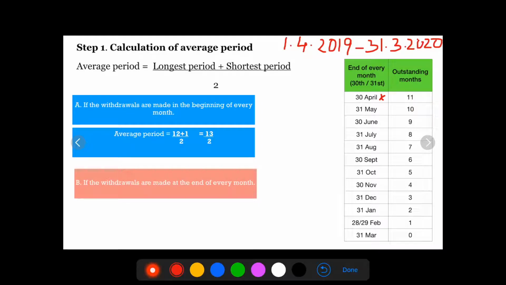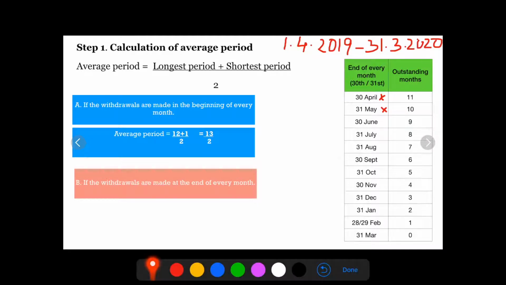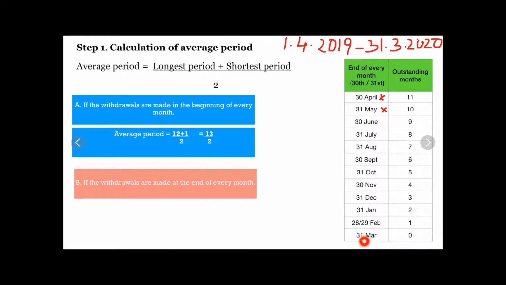If the withdrawal happens on 31st of May, we will start our calculation from June to March, we will get 10 months. If the withdrawal happens on 31st of March, the year is ending also on 31st of March, the outstanding months will be 0. This I have already explained in my earlier class.